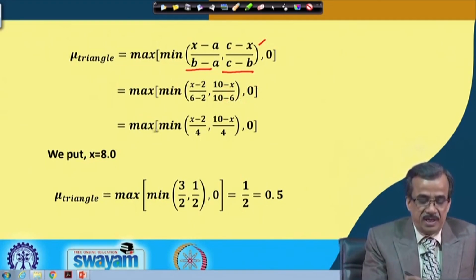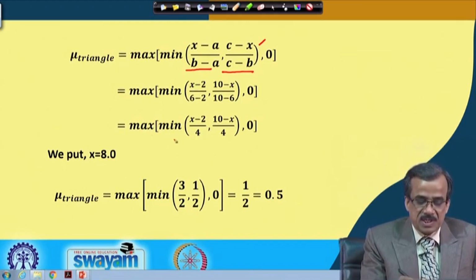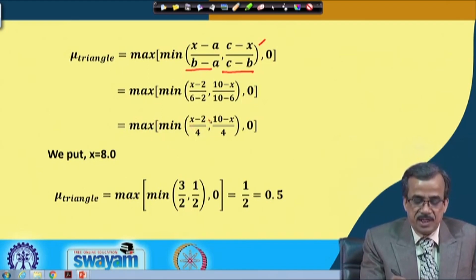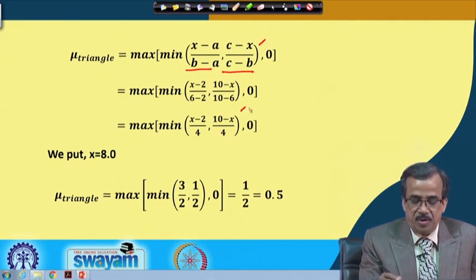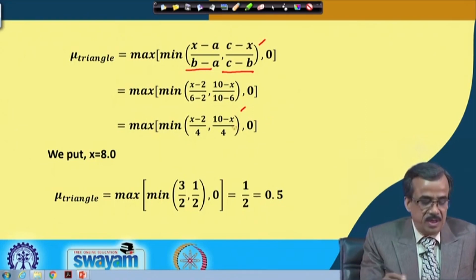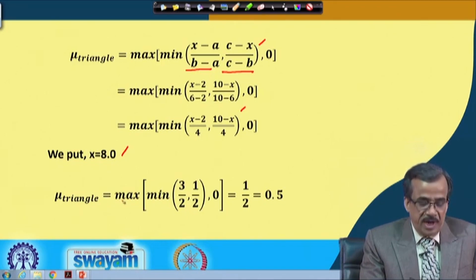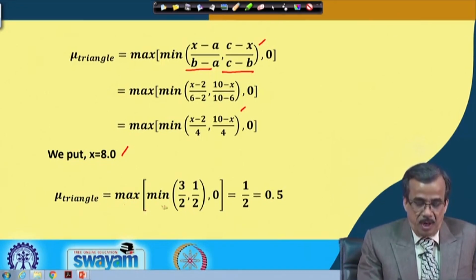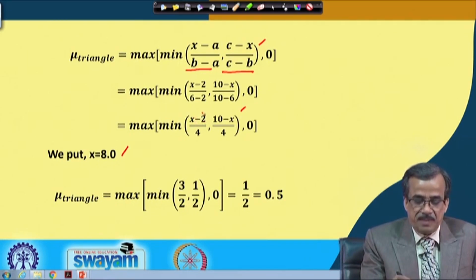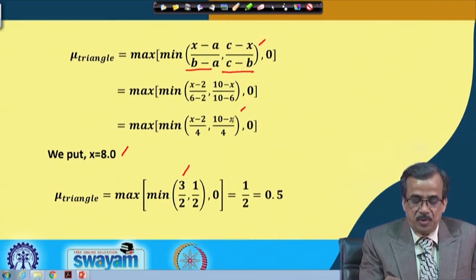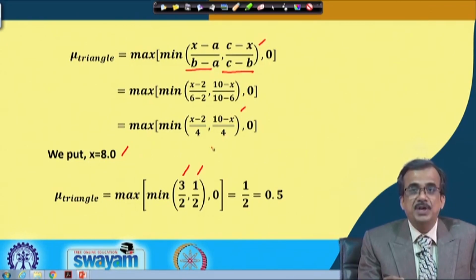Now, if we simplify, this can be written as the maximum of the minimum between (x minus 2) divided by 4, comma (10 minus x) divided by 4, comma 0. If we put x equals 8, then mu triangle equals the maximum of the minimum between 6 by 4, which is nothing but 3 by 2, and 2 by 4, which is nothing but 1 by 2.